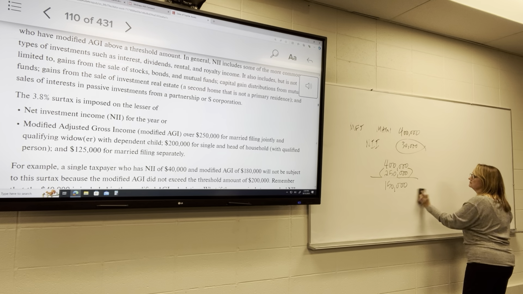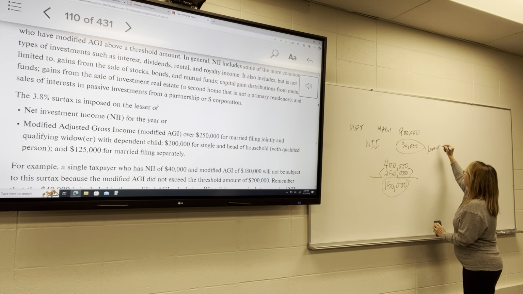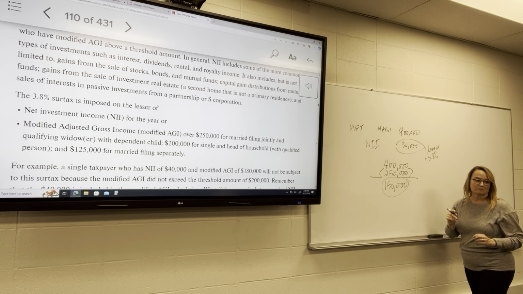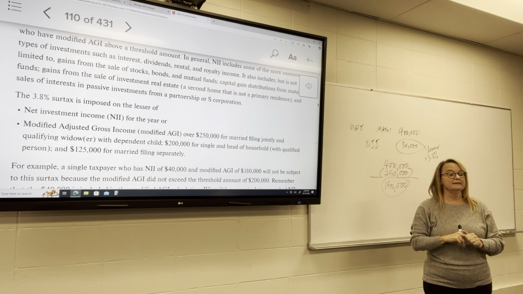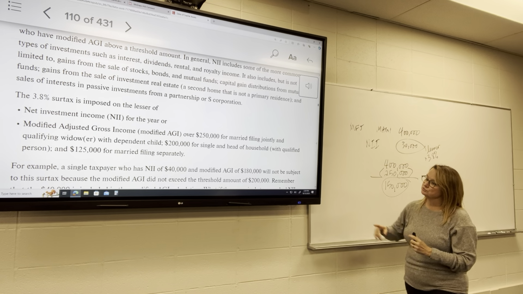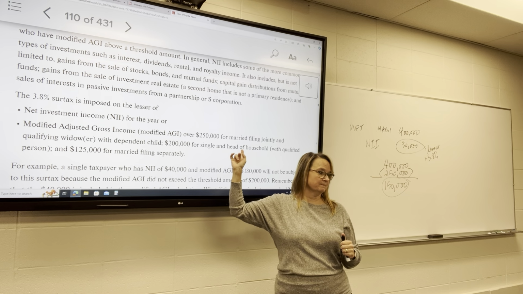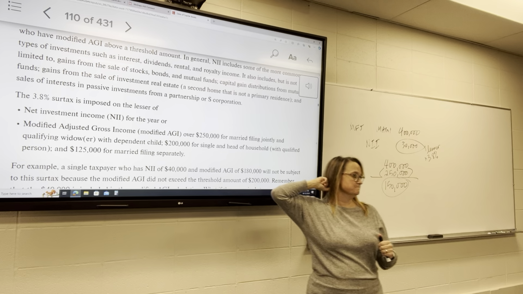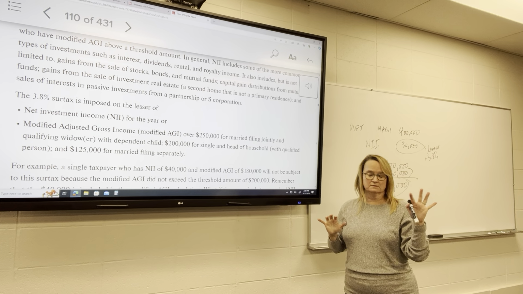Now this is not the lesser of those two. This is the lesser. So it's still going to be limited to only the amount over that threshold. But whatever's less. Does that make sense?